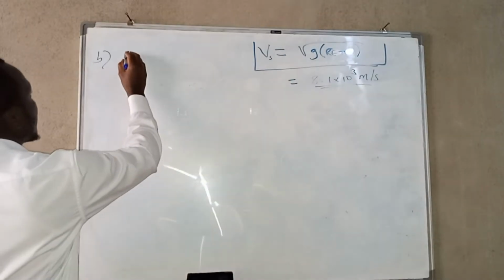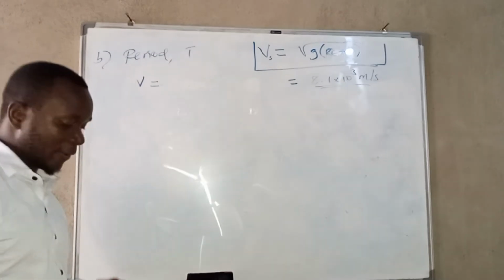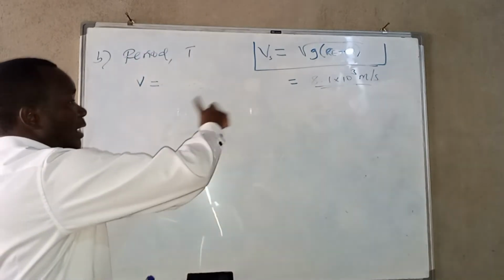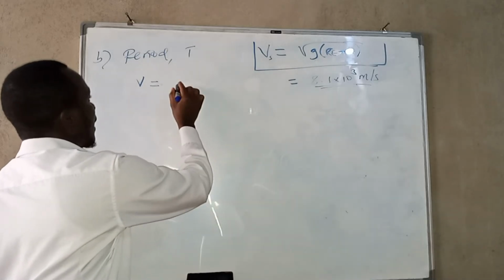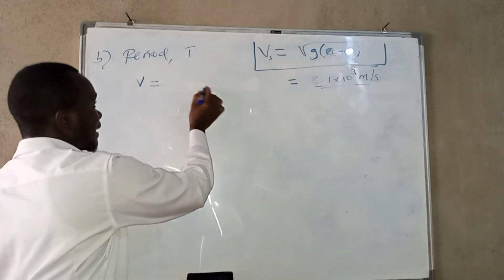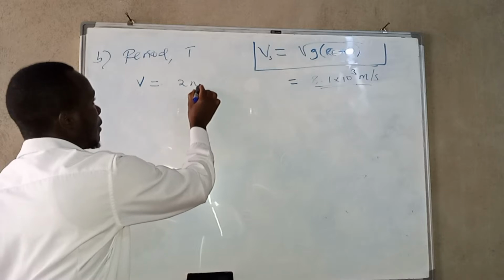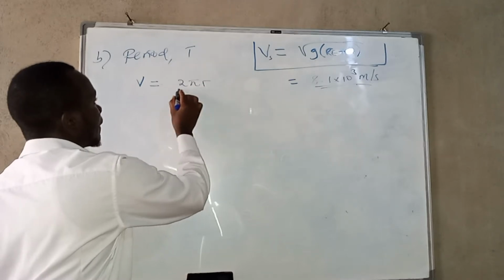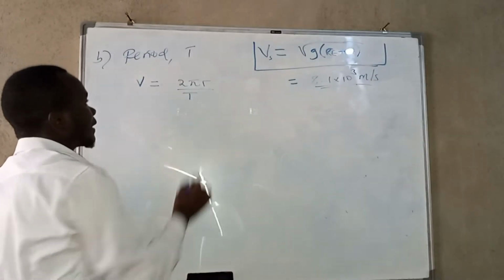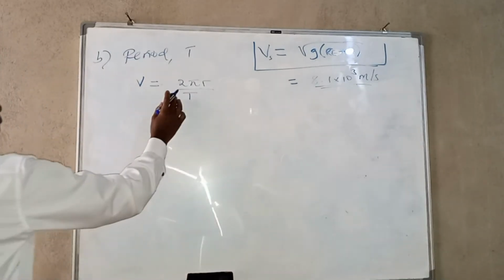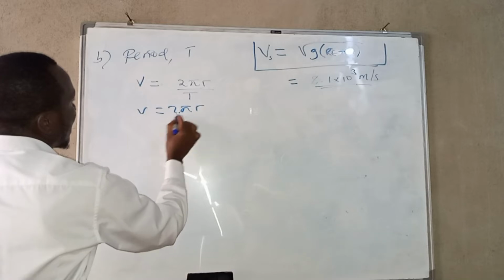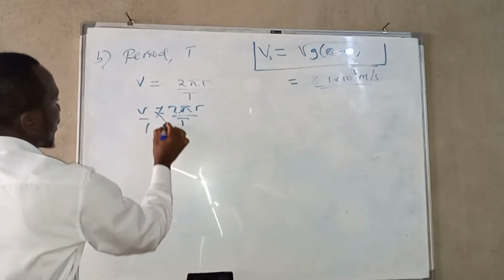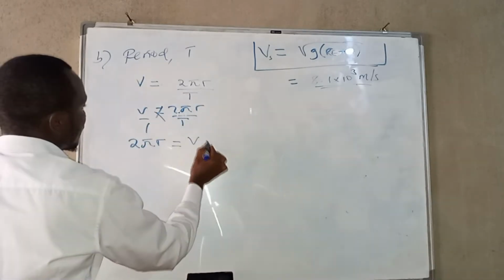For the period, the speed of an object that is orbiting in a circle or any circular path is given by the perimeter, or the distance around the circle, which is 2 pi r, over T. From this, we can make T the subject by simply cross multiplying, and we're going to have vT equals 2 pi r.